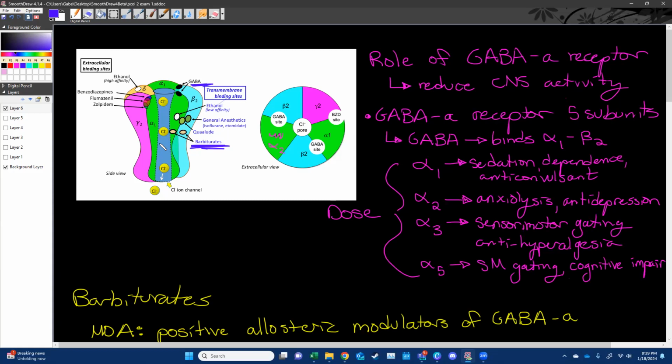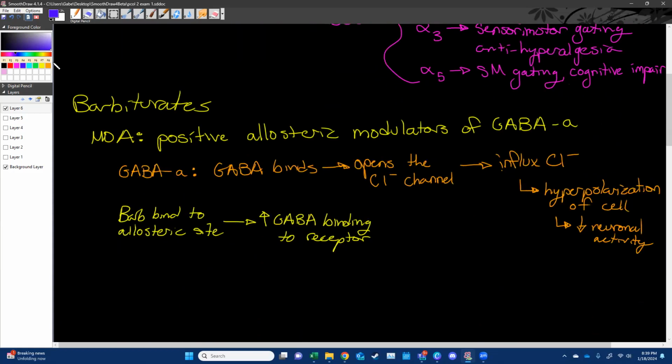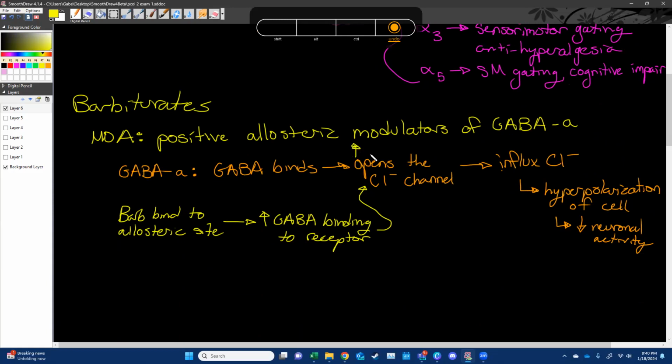What this means is that you end up getting way more chloride coming in, which means that we're going to hyperpolarize the cell even more, and decrease the neuronal activity a ton.